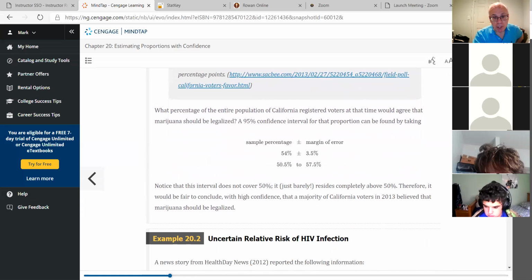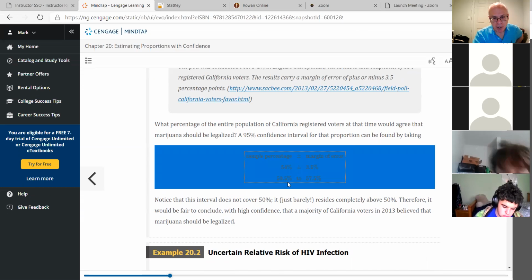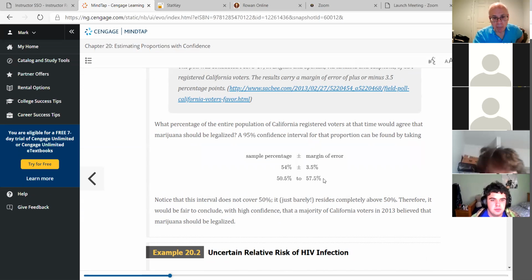Now, in this particular case, notice that the value 50% or 0.50 is not contained inside this interval. This interval is actually completely outside of this 50%. So we could say with a high degree of confidence that the majority of California voters believe marijuana should be legalized.